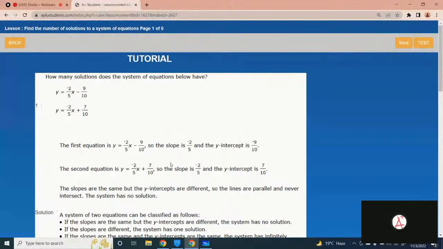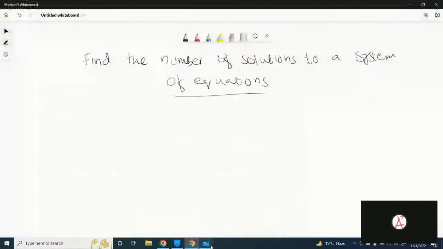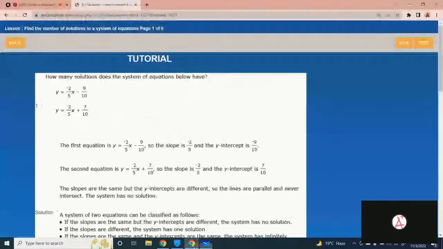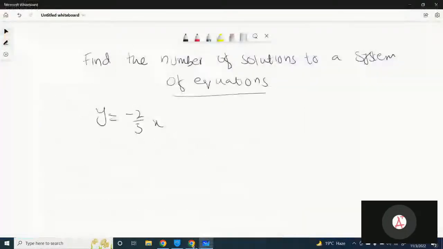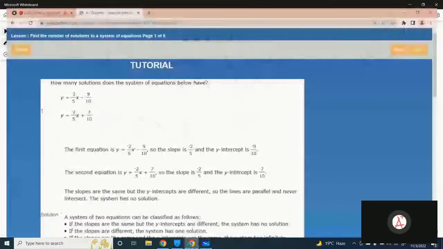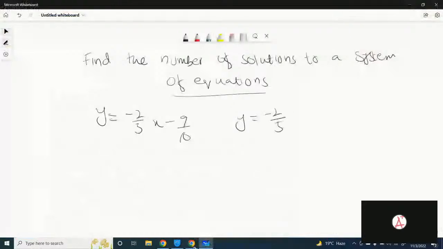Got it? So the equation is, let me do the example, y equals negative 2/5 x minus 9/10, and the other equation is y equals negative 2/5 x plus 7/10.